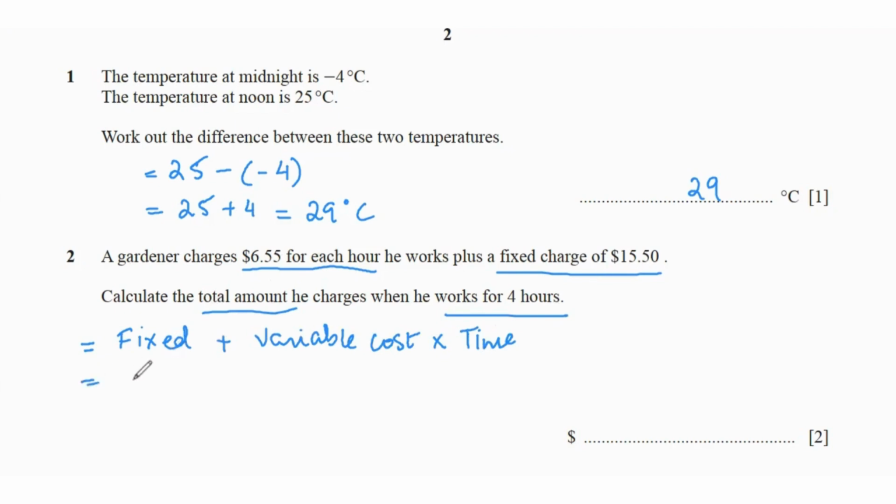So fixed cost is 15.50, variable is 6.55, multiplied by the number of hours, which is 4. So when you plug this in the calculator, what you should get is $41.70.